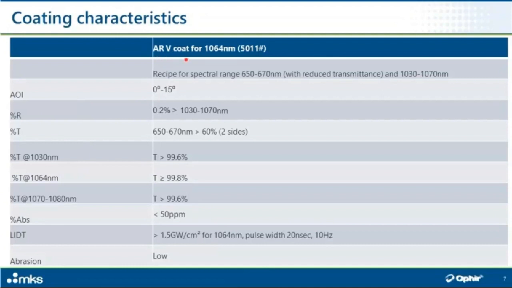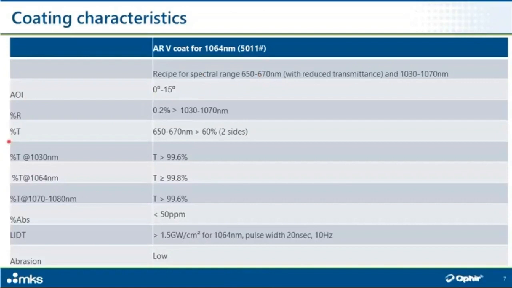In this case, it is optimized for 1064 nanometers. And this specific coating also transmits in the spectral range of 650 to 670 nanometers. And this is for the visible red light. The angle of incidence range of this coating is between 0 to 15 degrees.